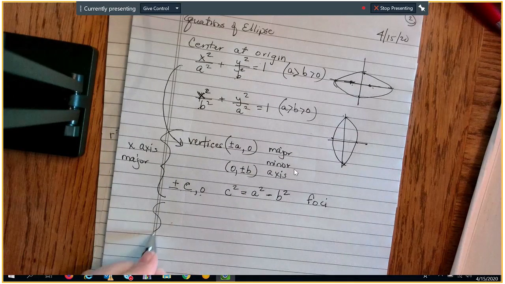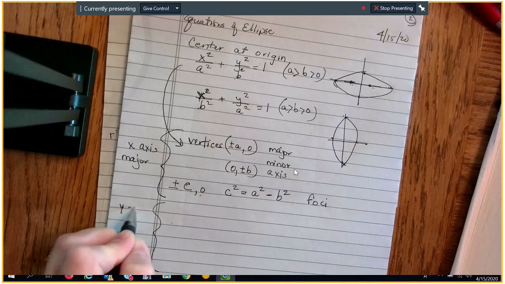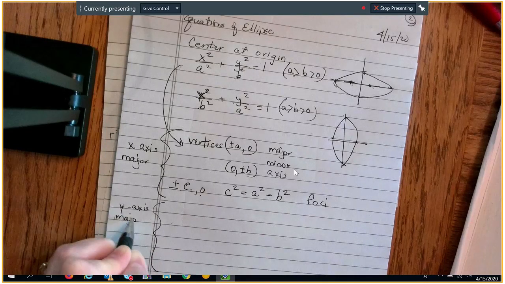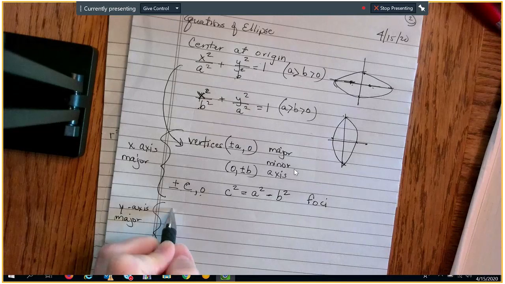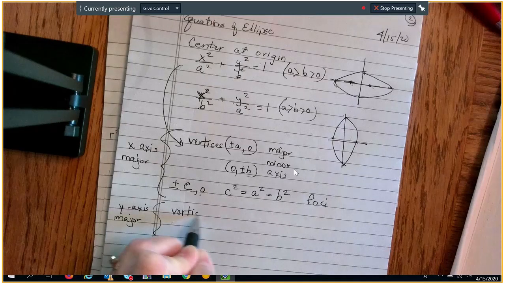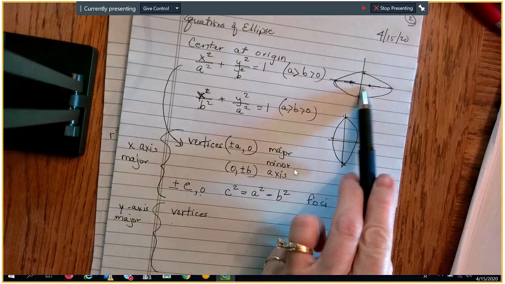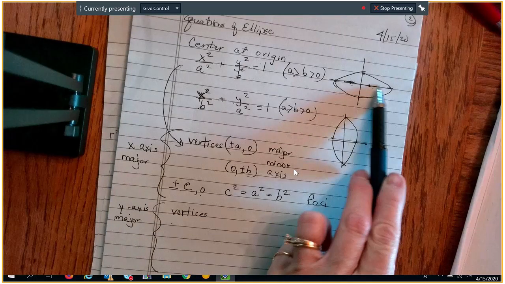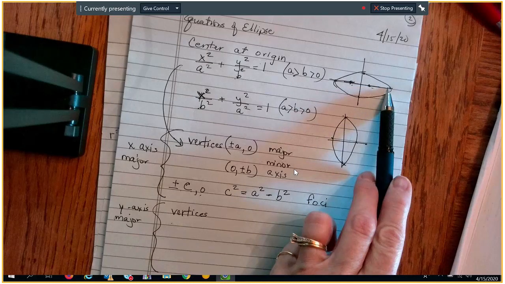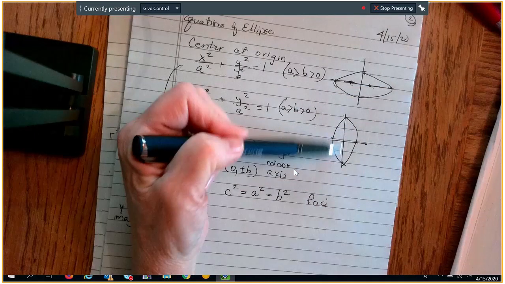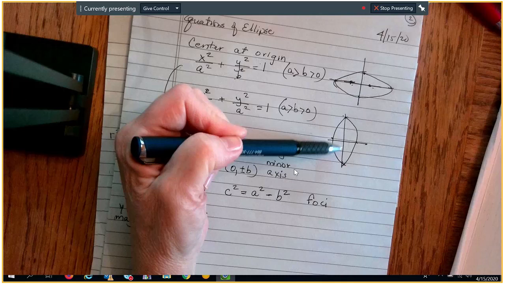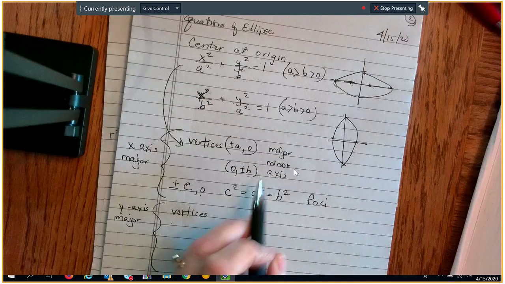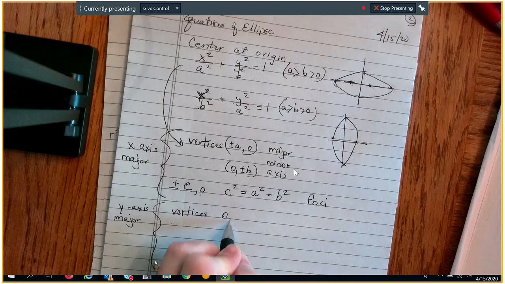If we look at this and our y-axis is the major axis, then our vertices, instead of being plus or minus a with a 0, that lets us know that we're not going anywhere on the y-axis. But here we are traveling on the y-axis, but going nowhere on the x-axis. Then it's going to be flipped. So this is going to be 0, plus or minus a.